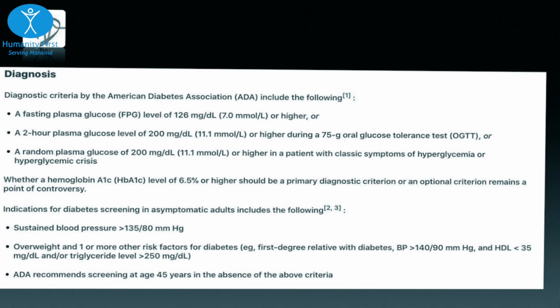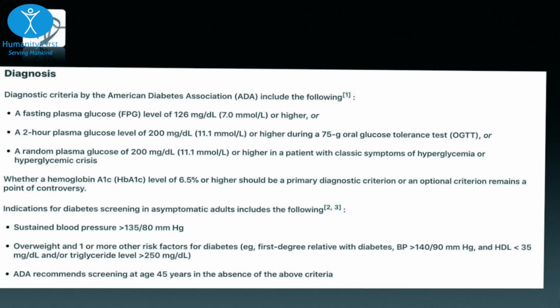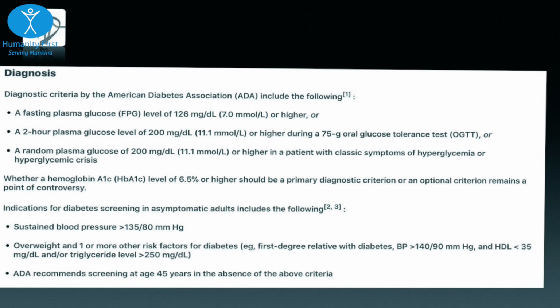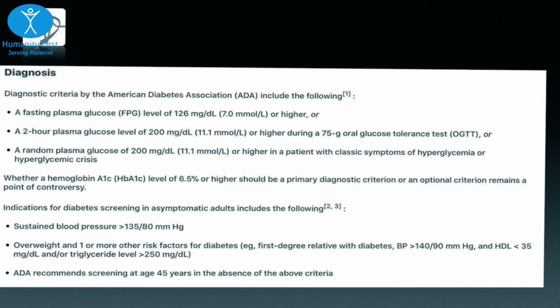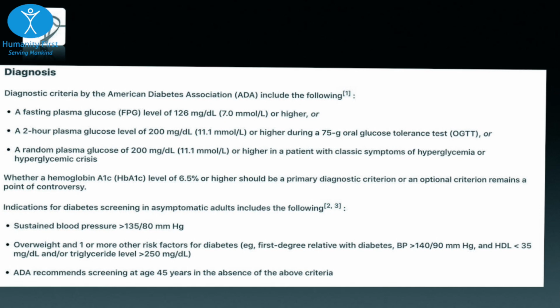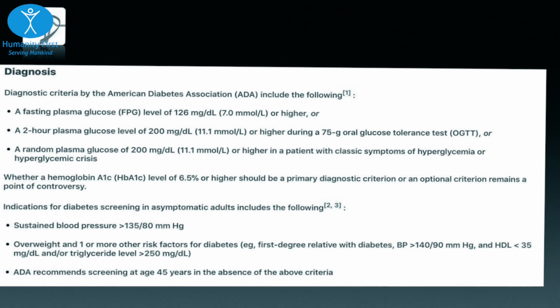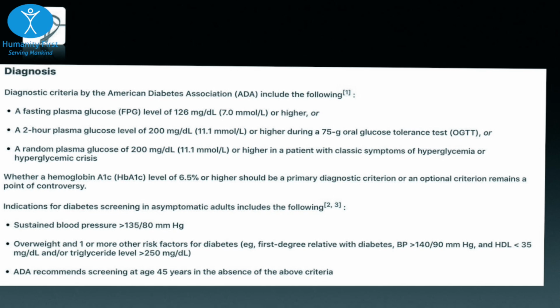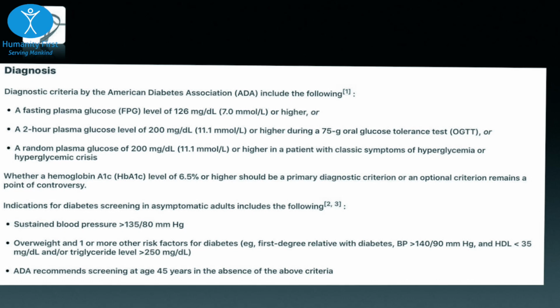Diagnostic criteria by the American Diabetes Association include a fasting blood sugar equal to or more than 126 milligrams per deciliter. In millimoles, it equals around 7 millimoles per liter.